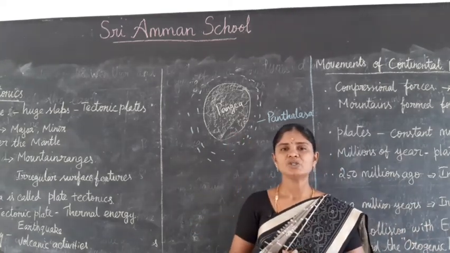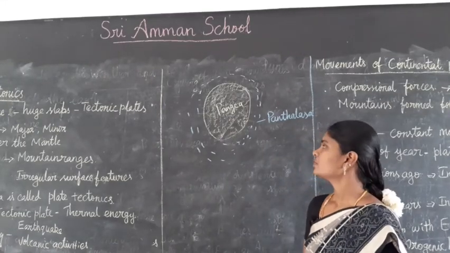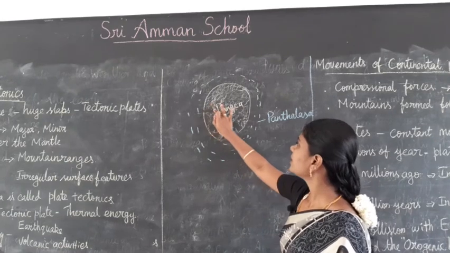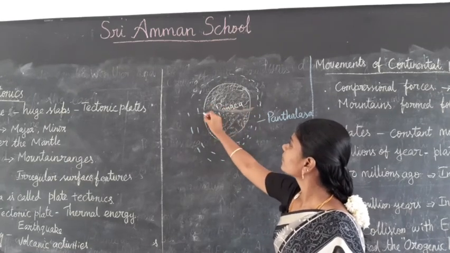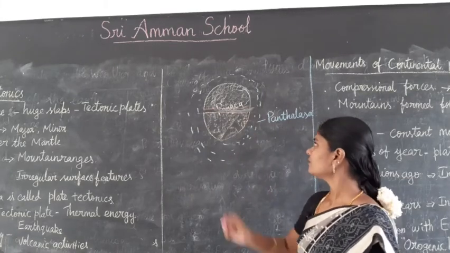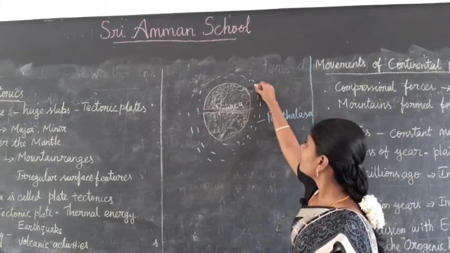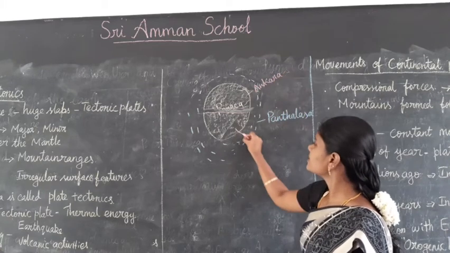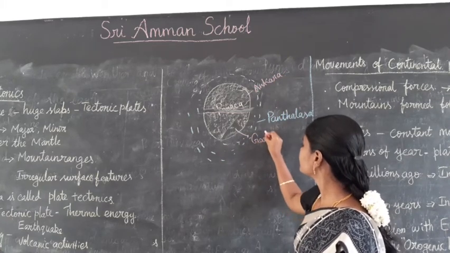Pangaea means supercontinent. Due to tectonic movement, Pangaea was split into two parts. The northern part was called Angara land. The southern part is called Gondwana land.